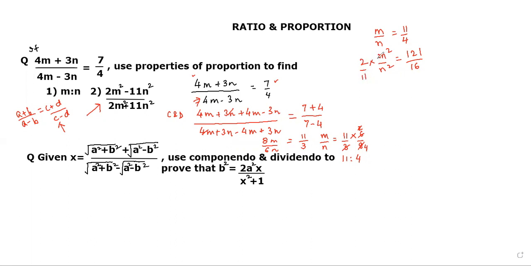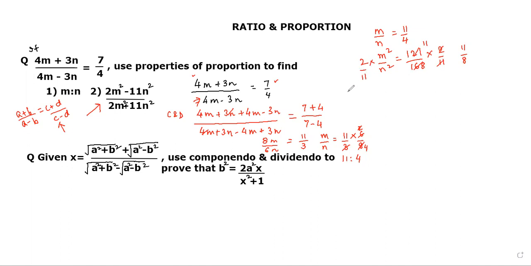And if I'm multiplying 2 by 11 here, I'll also have to multiply 2 by 11 here. All right. So this I'll cancel. 2 8s are 16. 11 11s are 121. So this becomes 11 upon 8.